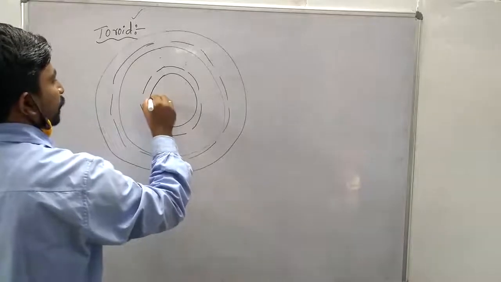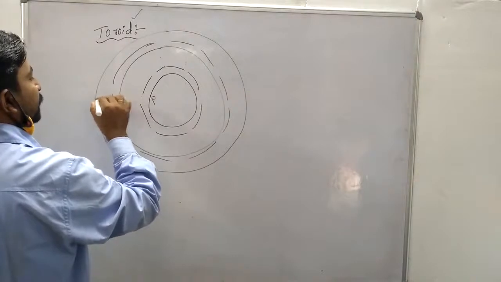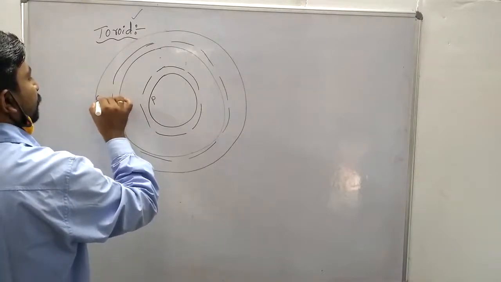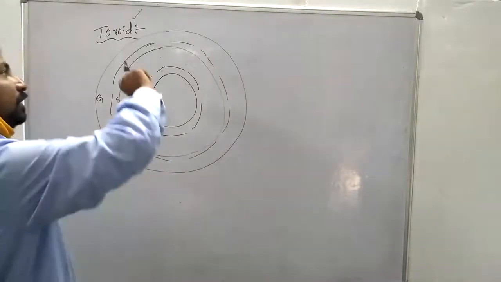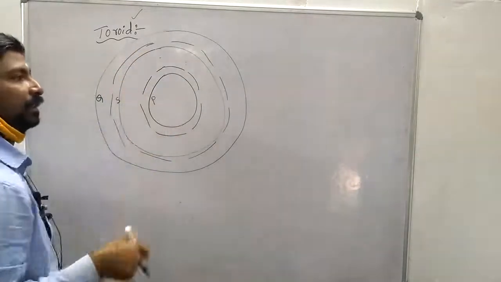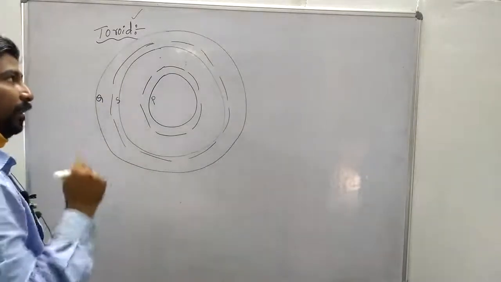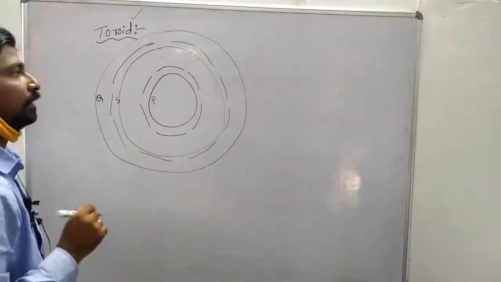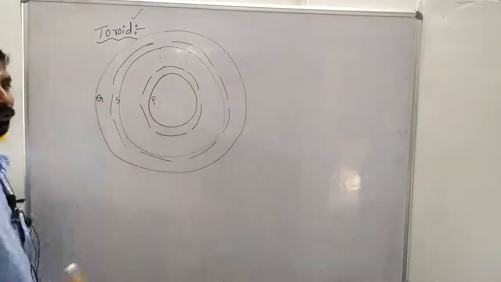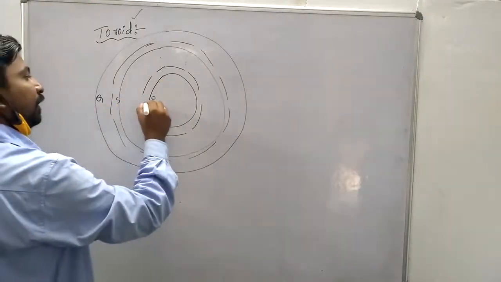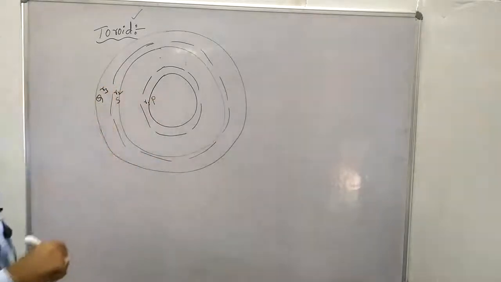So this one is P, this one is S, this one is Q. I said toroid, the solenoid bent in the form of a circle, is called what? Toroid. So consider a vertical section of the toroid in which 3 Amperian loops P, S and Q have radii R1, R2, R3 respectively.